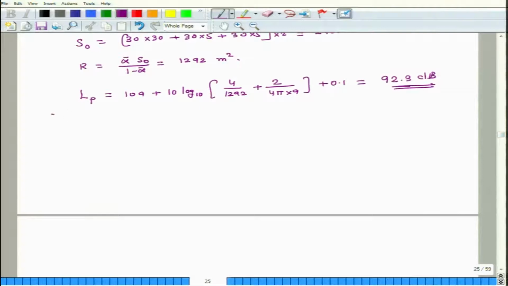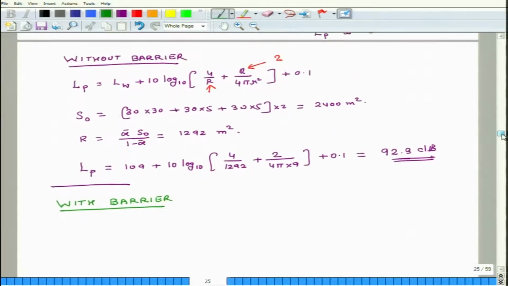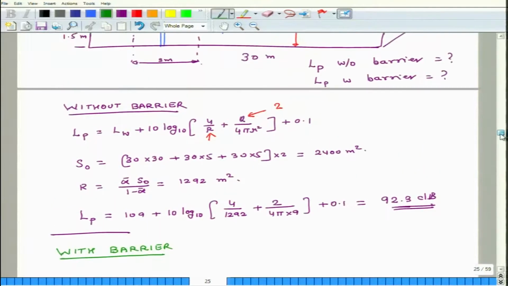So, our next job is with barrier. So, before we compute this, I also wanted to show you some numbers.